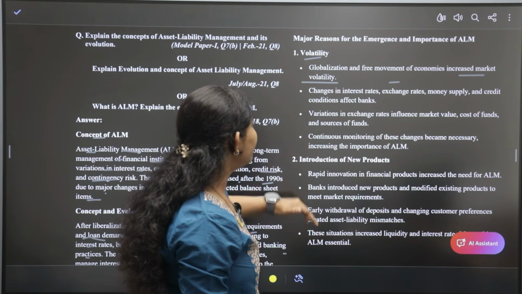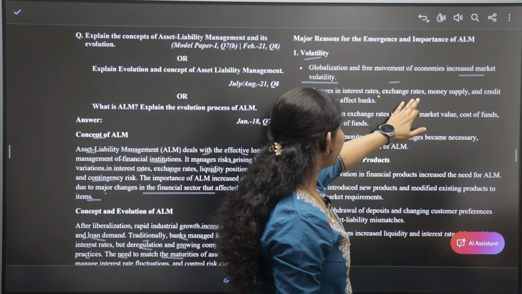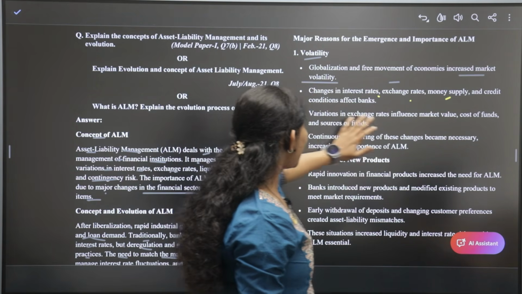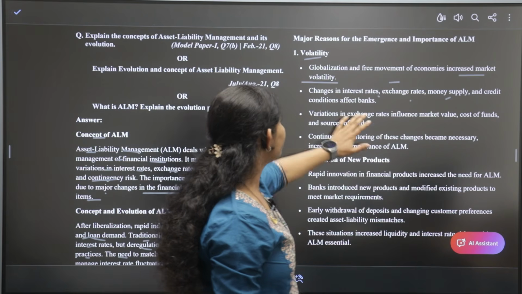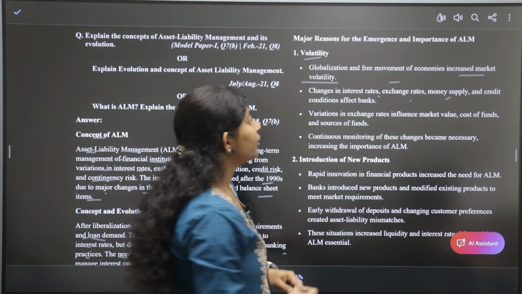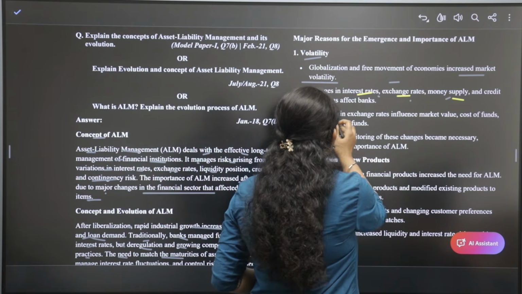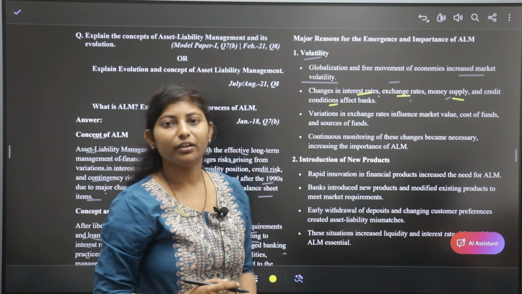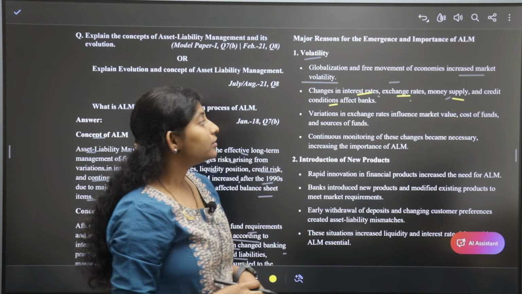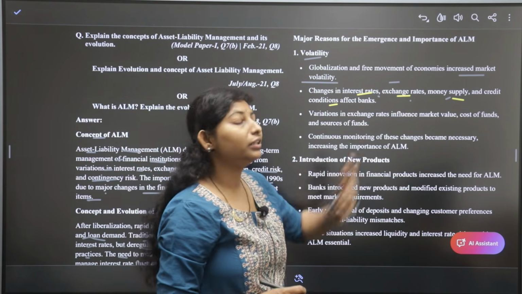Okay, volatility causes fluctuation. Next, changes in interest rates, exchange rates, money supply and credit conditions affect banks. Okay, so why did this ALM concept come? Because changes in interest rate, exchange rate, money supply and credit conditions create much more risk. Because of that, ALM is going to help the company reduce the risk from all these changes.